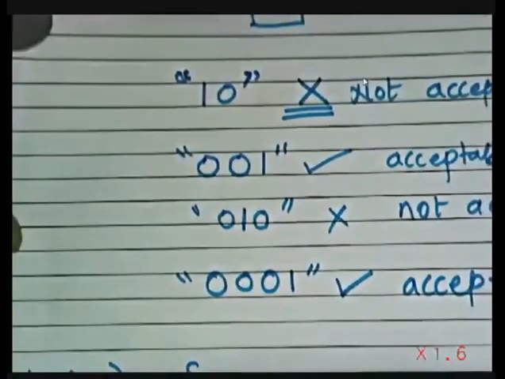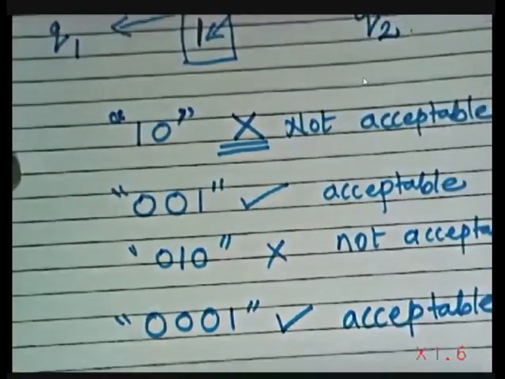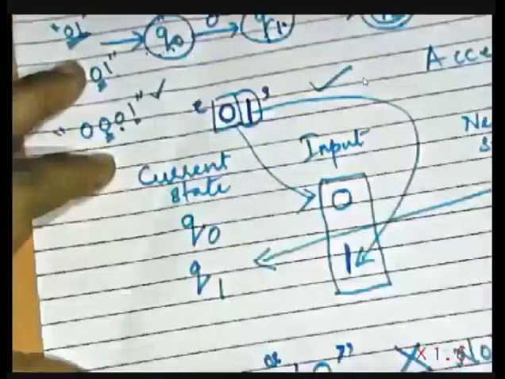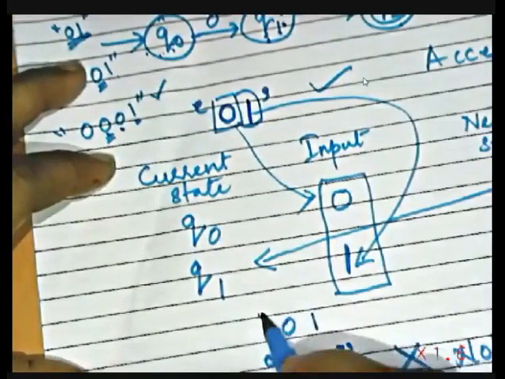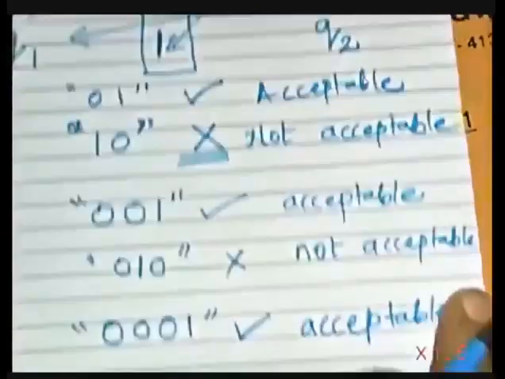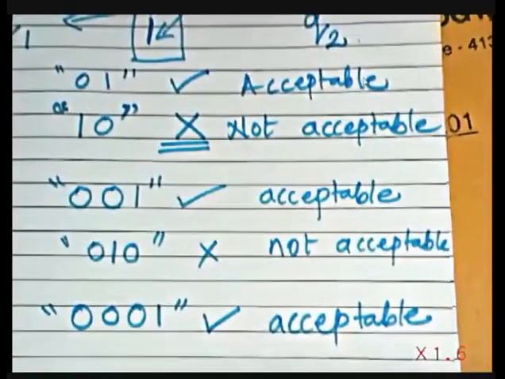What are your observations? Now see, which are the acceptable strings? This is acceptable, and the very first string, which I wrote, 101, was also acceptable. Okay, now how many examples did we have? 5 examples.